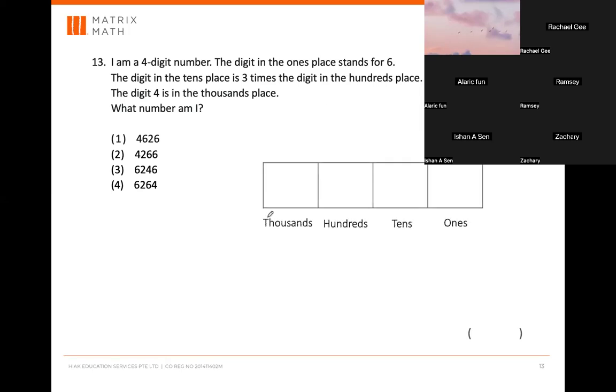Okay, so you hear, that's what I mentioned just now. 6 and 4. So you can have a look here. This will definitely be out because you know that your thousands place is 4, and you end with a 6. So you see, this is out.